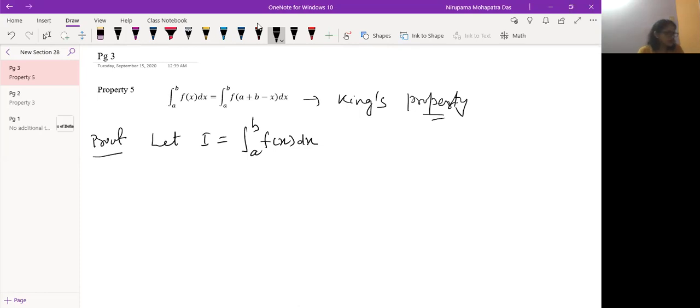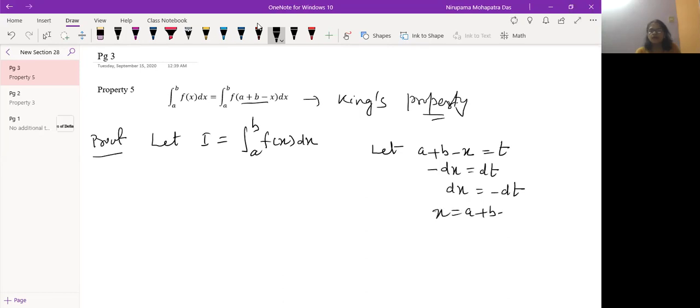Let's take a plus b minus x equal to t. So minus dx is dt, or dx equals minus dt. Now what is x? Your x will be a plus b minus t.